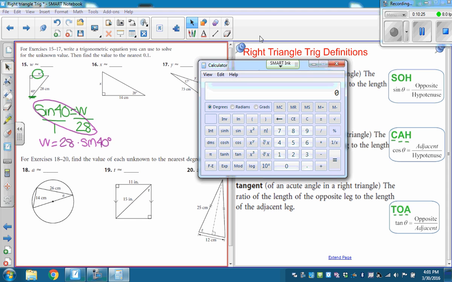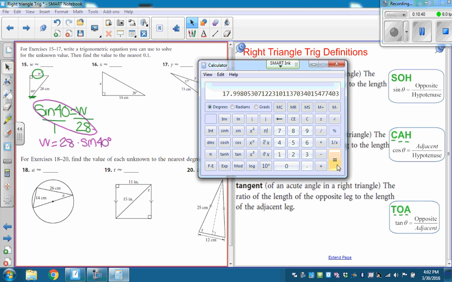So 28 times, and remember on my calculator, I have to put the 40 in first, but you can practice with your calculator. I get 17.998.